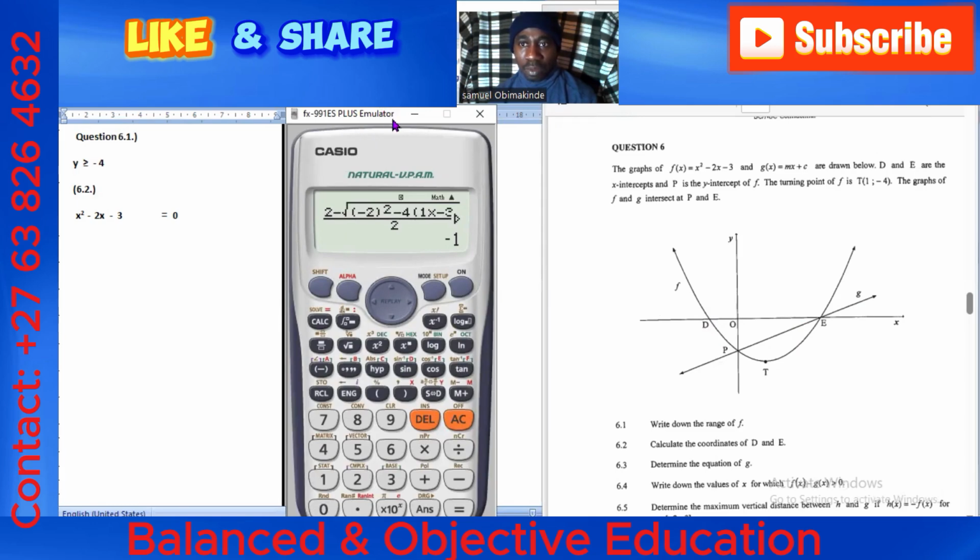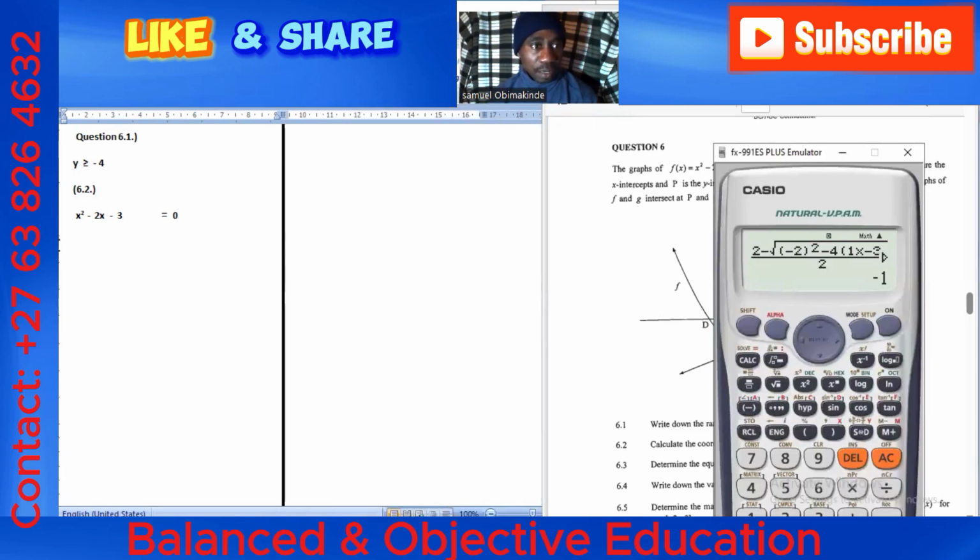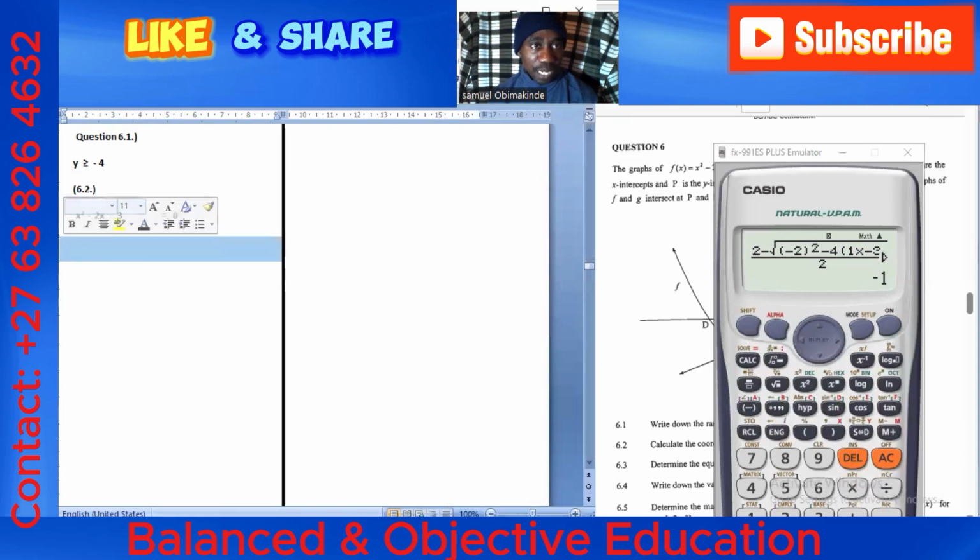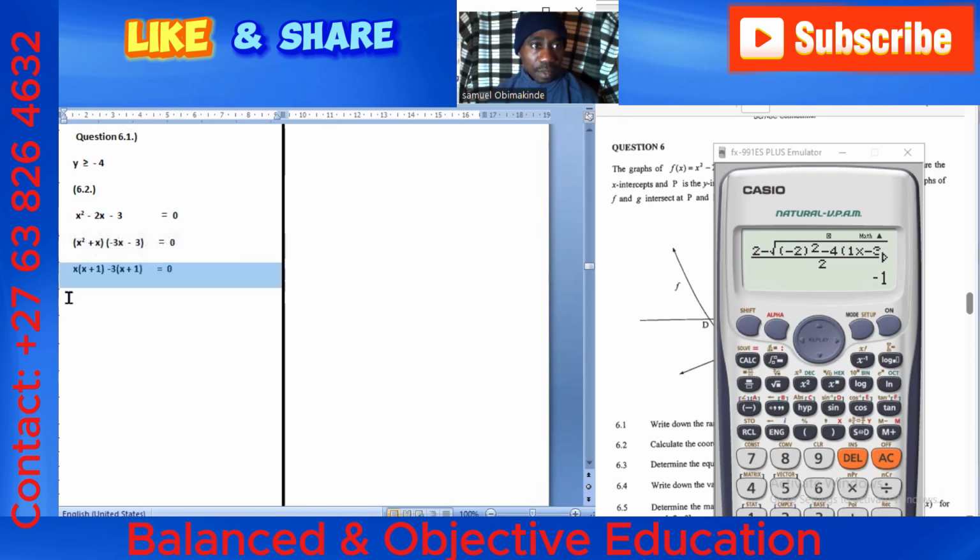All right, for those of you that want to exercise yourself and calculate it manually, that is what I've done here. You can rewrite this equation as this, split it in two, then you factorize. Then you can drill down and solve for the values of x.